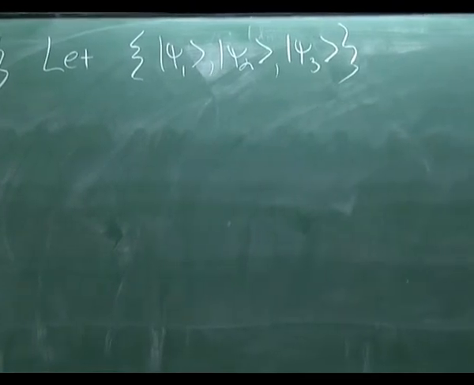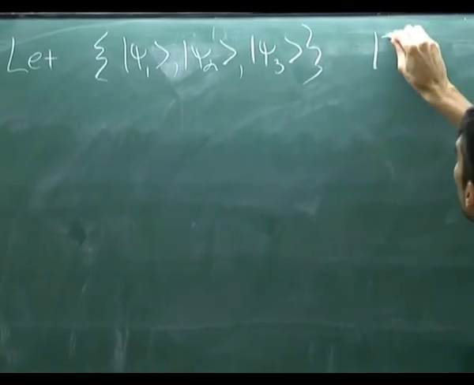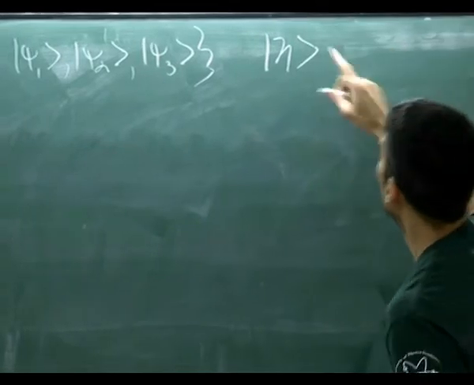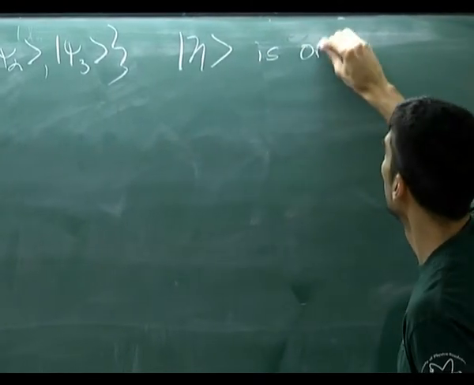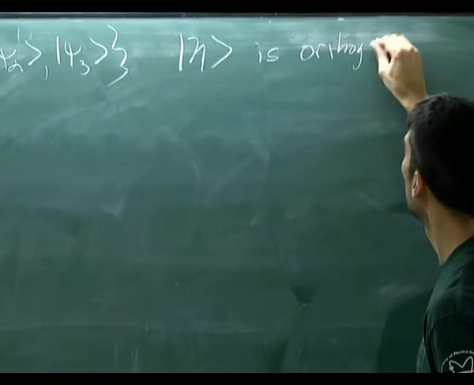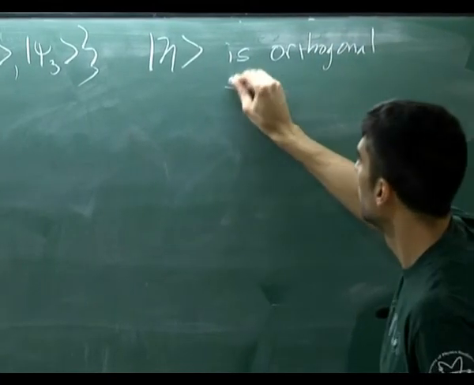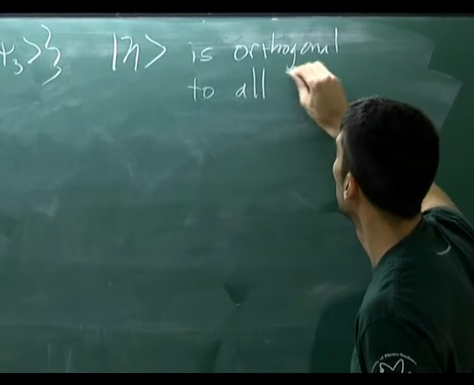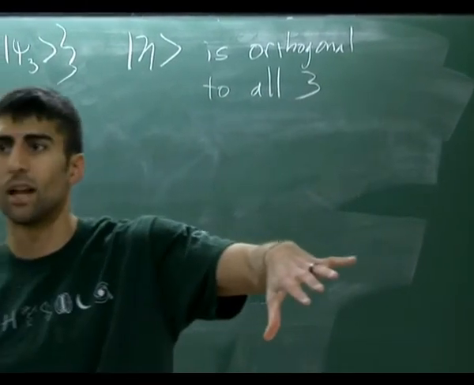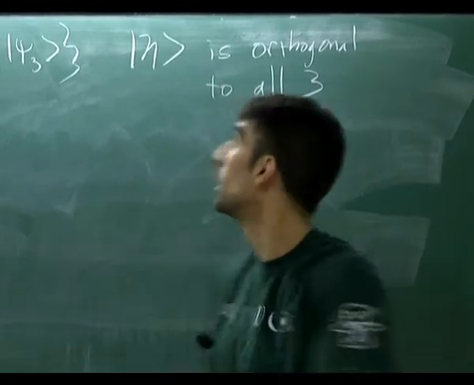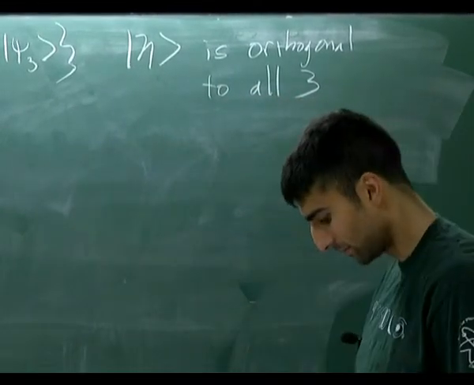And I'm going to let eta be orthogonal to all three. So we have this three-dimensional subspace, which means there's a unique state living in the orthogonal complement, and we're going to identify it by eta.